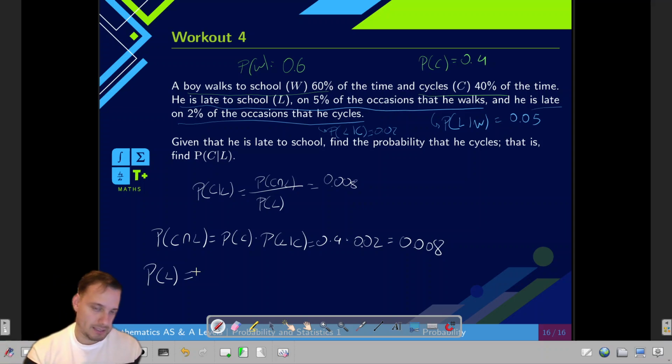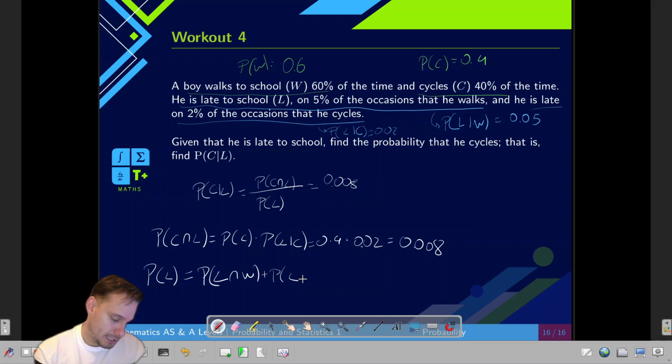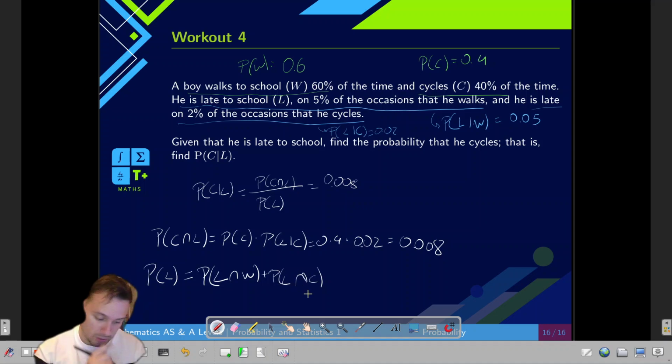This means that the probability that he's late is the probability that he's late and he walked plus the probability that he's late and he cycled. These are the only actual options because there is no other means of transport that he can consider. He either walked or he cycled. So being late is because he walked or because he cycled.